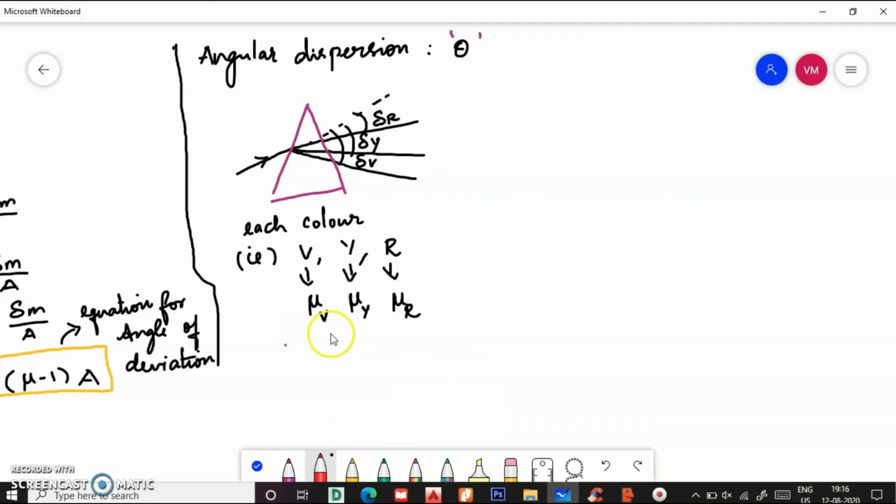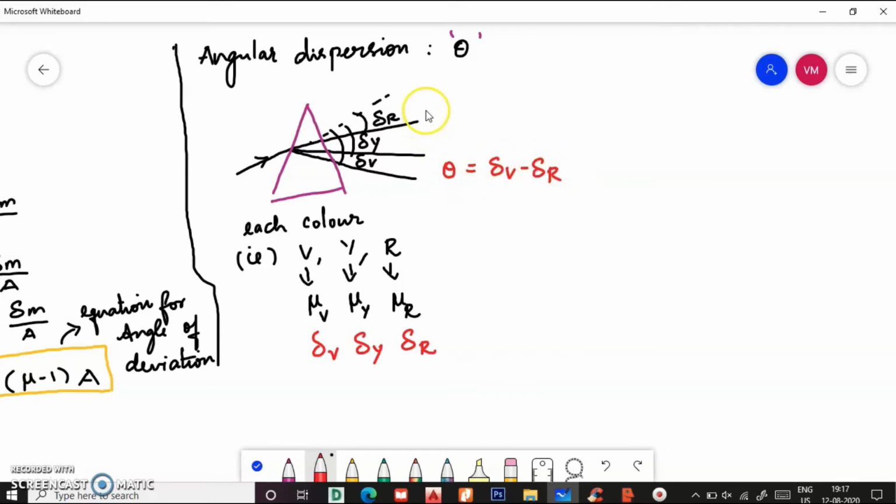In this, I have given for each color, violet, yellow and red, the refractive indices and the corresponding deviations I am marking: mu v, mu y and mu r. Similarly, delta v, delta y and delta r. So the equation for angular dispersion is delta v minus delta r.